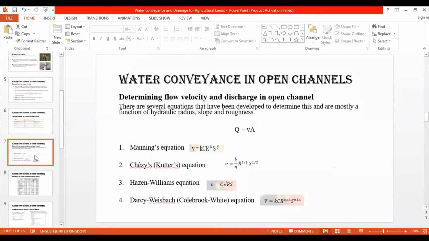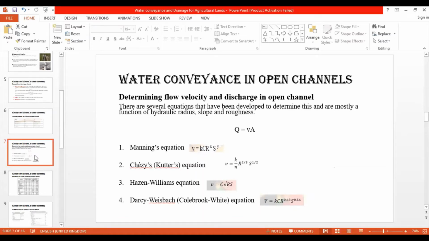It's going to depend on your hydraulic radius, which is a parameter affected by the area and the perimeter. Then it is also affected by the slope and roughness. So these three things are common in all the four equations that we can use to determine the flow velocity in our channels.